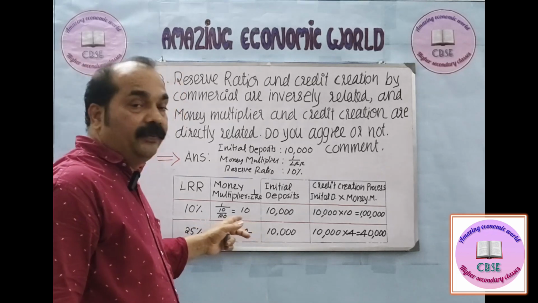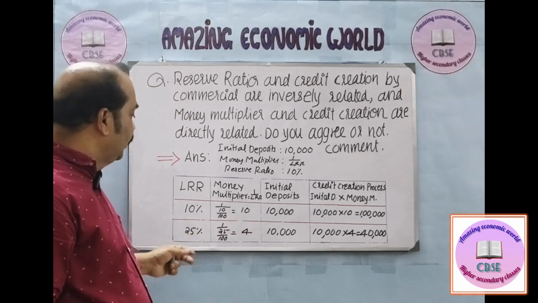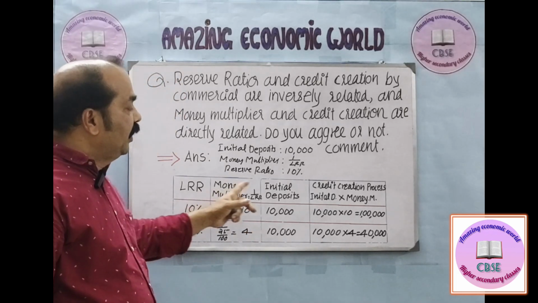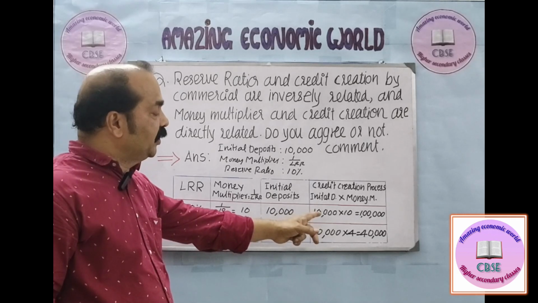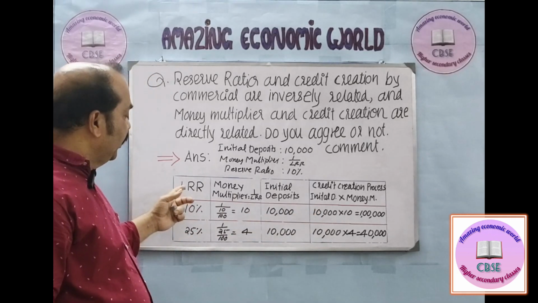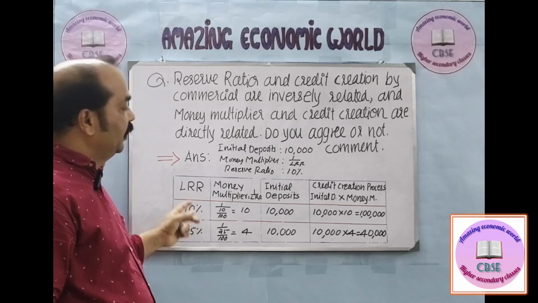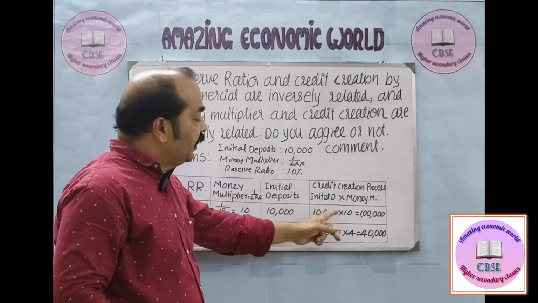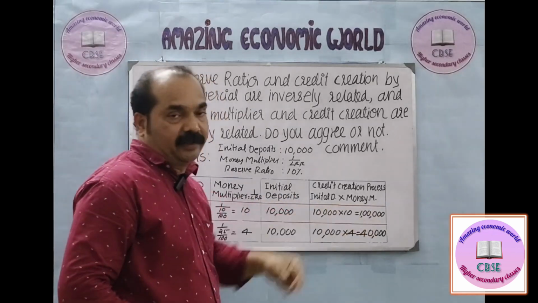From this, we can understand that reserve ratio and the credit creation by commercial banks are inversely related. Why? Because when the reserve ratio is 10 percent, credit creation by commercial banks is 1 lakh.